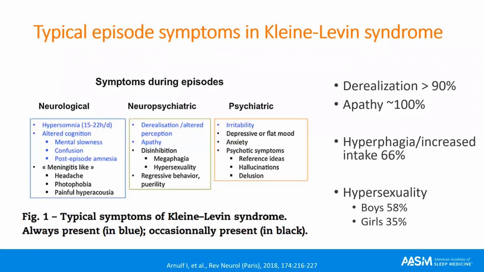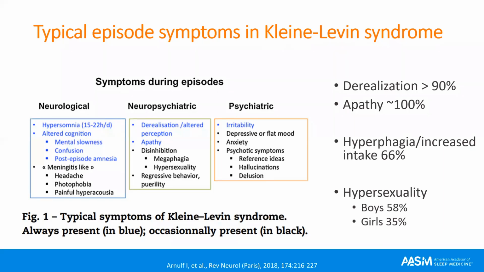A little more about the symptoms other than sleepiness during the episodes. Typical sleep in a 24-hour period during an episode is 15 to 22 hours per day. That is a lot of sleep, obviously. The altered cognition often presents with a slowness, a confusion.